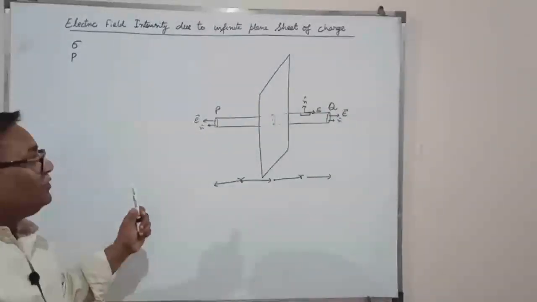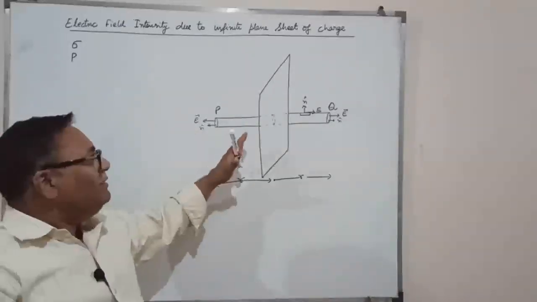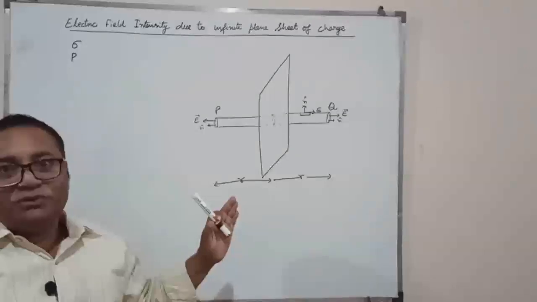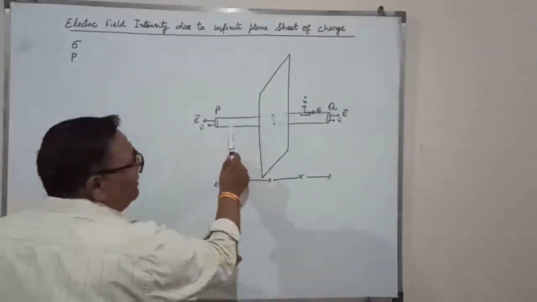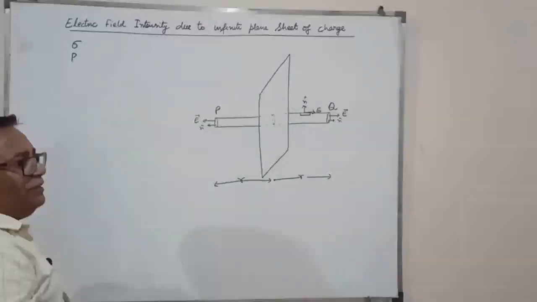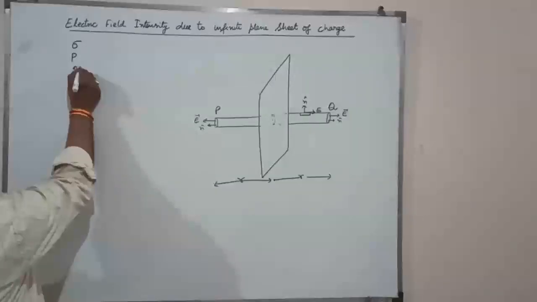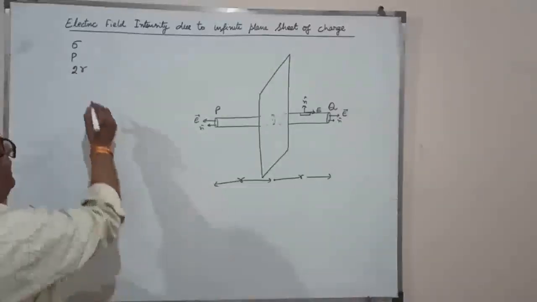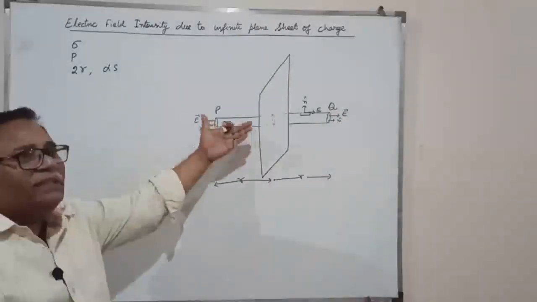So for Gauss theorem, charge must be enclosed and the surface should be closed. So let us consider a cylindrical Gaussian surface of length 2r and area of cross section ds as shown in the figure.